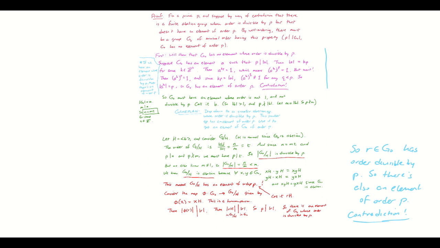Like we used our minimality assumption here to say that smaller group has to have an element of order P. And then we sort of pull back. We take this map here, this phi from G0 to G0 mod H, and said, well, if we have an element of order P here, that's going to pull back to some element here whose order is divisible by P. And then we're right back where we were in this case here.